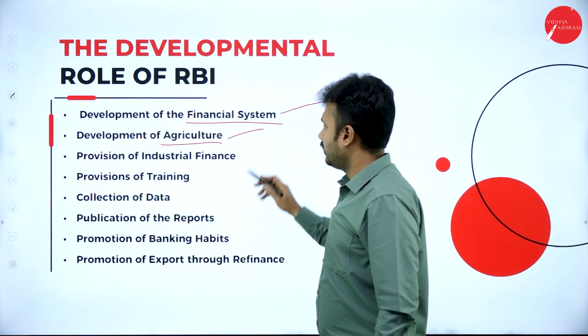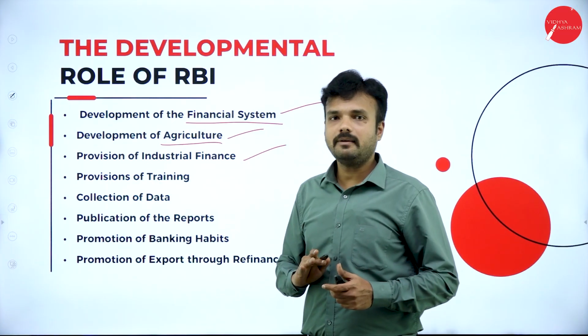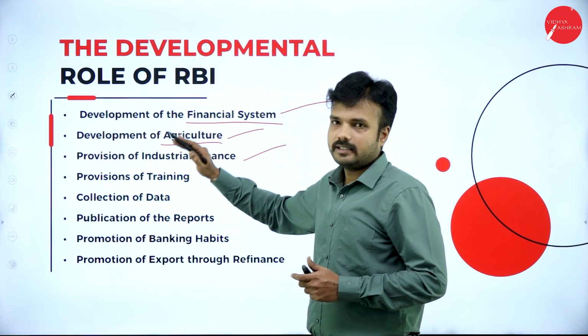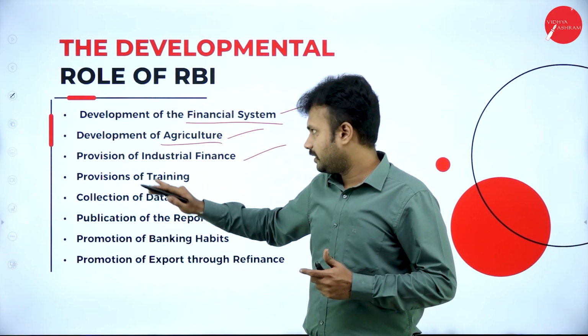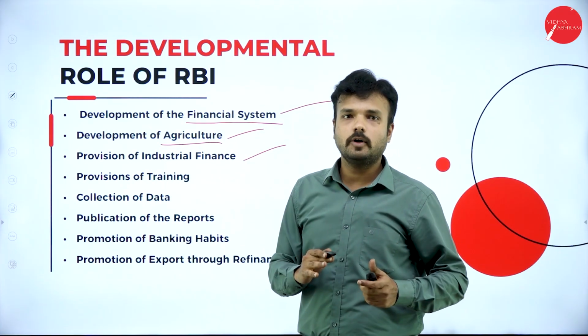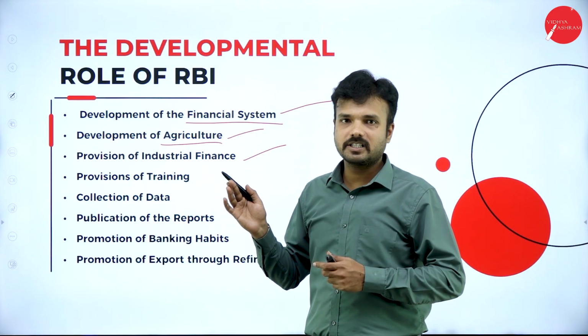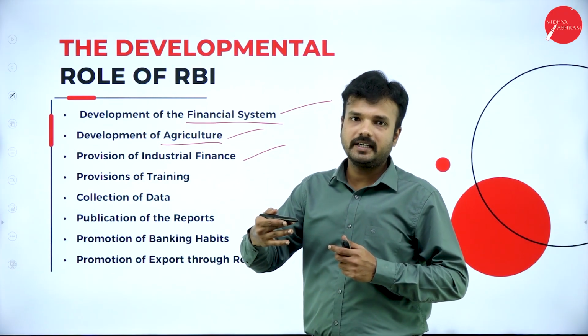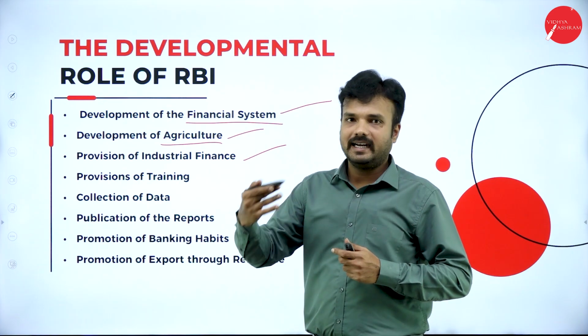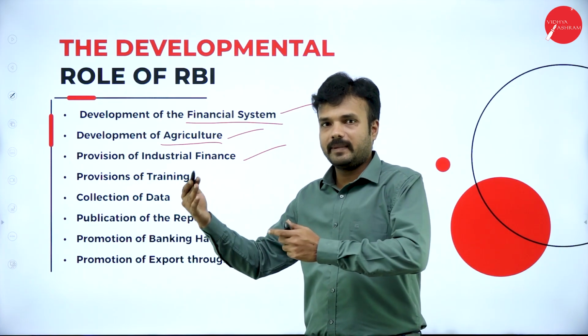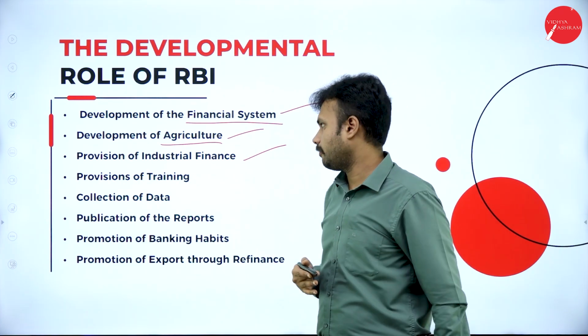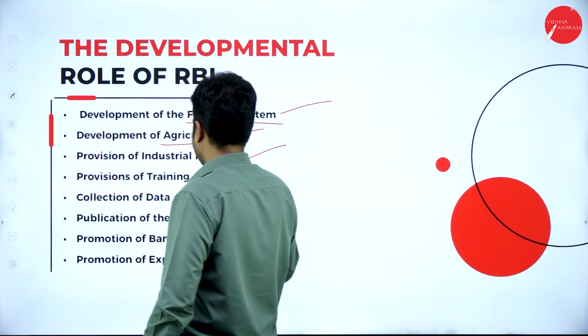Provision of industrial finance. Not only supporting the agriculture sector, Reserve Bank of India also supports the industrial sector, whether small scale, middle or large scale industry, by facilitating loan facilities for industrialists for their development and also for the development of our nation through commercial banks. Provision of trading.